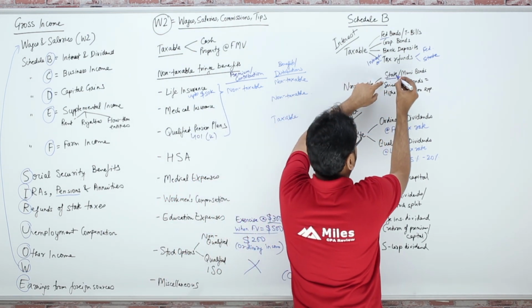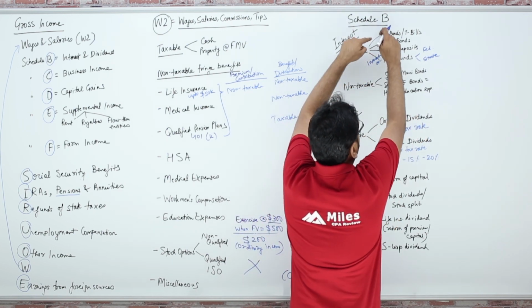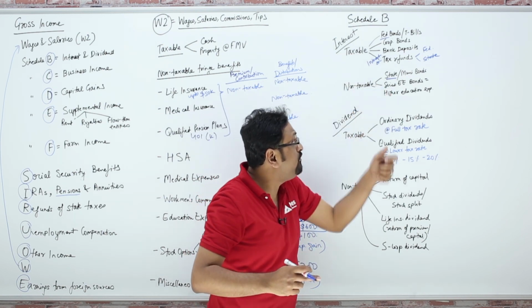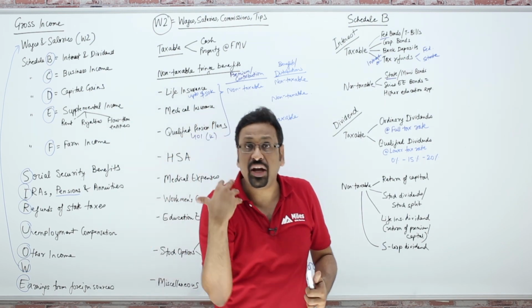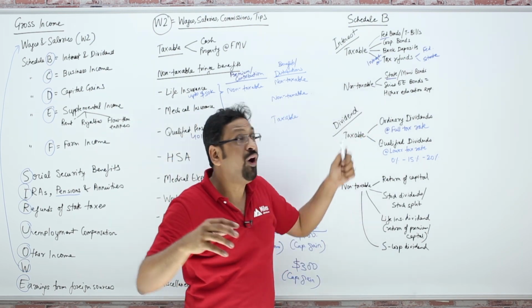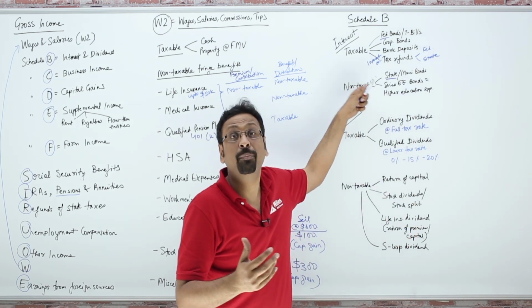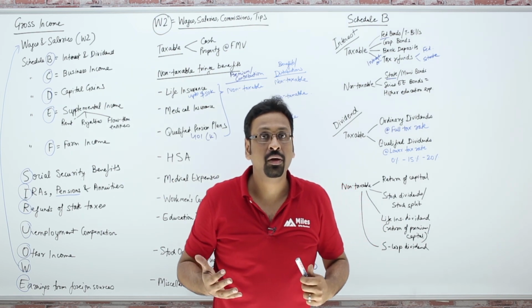So if you have state government bonds, interest is non-taxable. Again, federal government bonds, interest is taxable. Okay, now if you invest in series EE bonds and you're getting interest income which you use for higher education expenses, in that case that interest will be non-taxable. These are like education bonds.